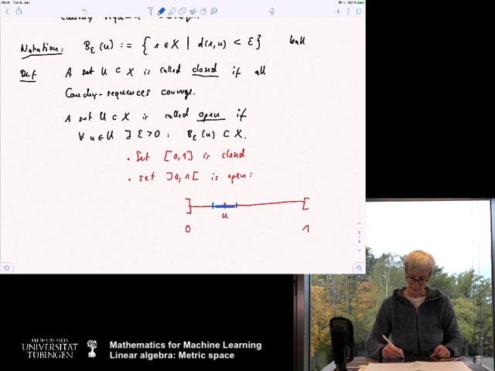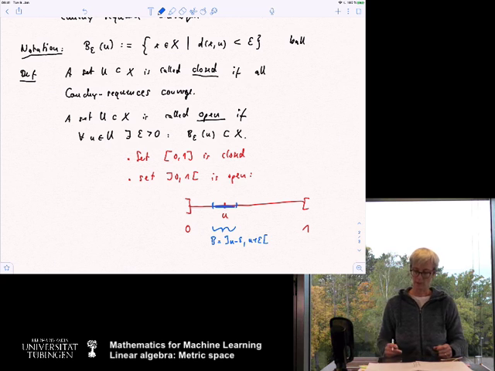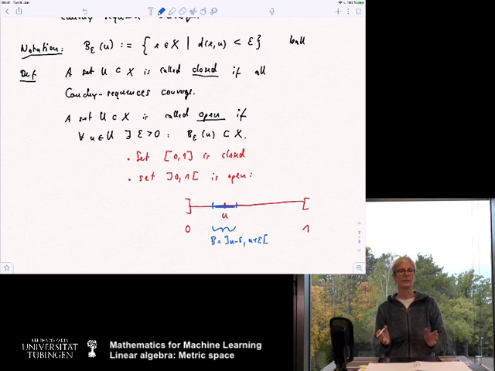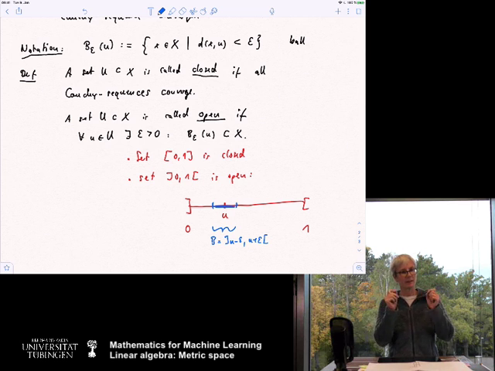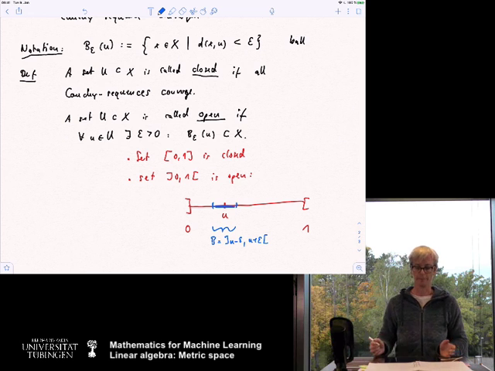In this case it is the interval (u minus epsilon, u plus epsilon). And this is contained in the red set. And if this is true for each point in the set, so that we can find such a small tiny blue line a bit left and right of the point we're interested in and still sits in the set, then the set is open.